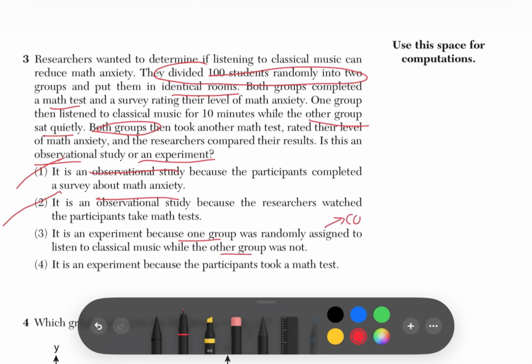Well, this refers to a control group, which is directly aligned with a controlled experiment. So this is going to be the right option, because option 4 says it is an experiment because the participants took a math test. Well, that isn't enough to directly call it an experiment. So our answer is going to be 3.